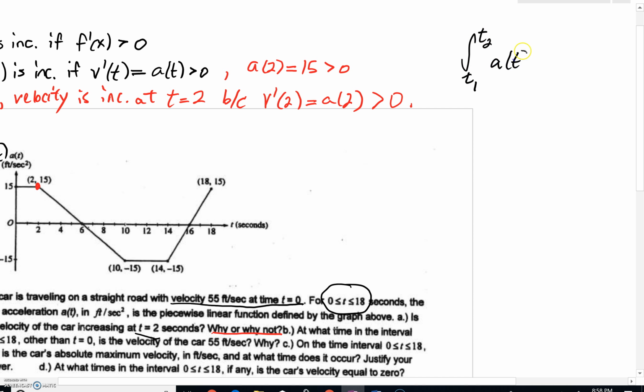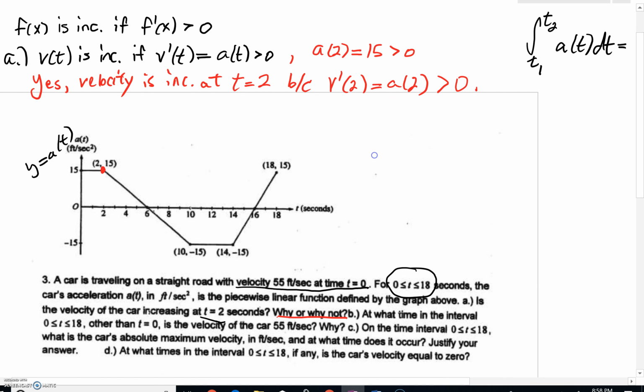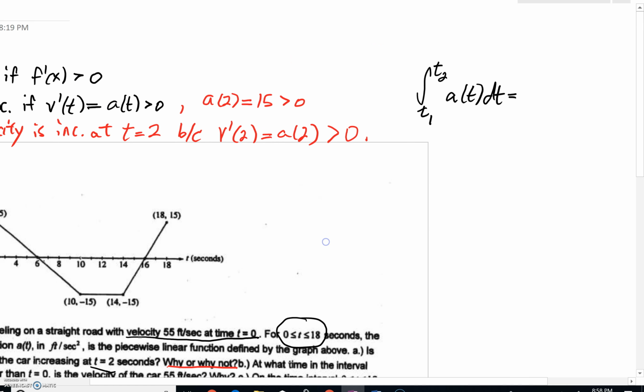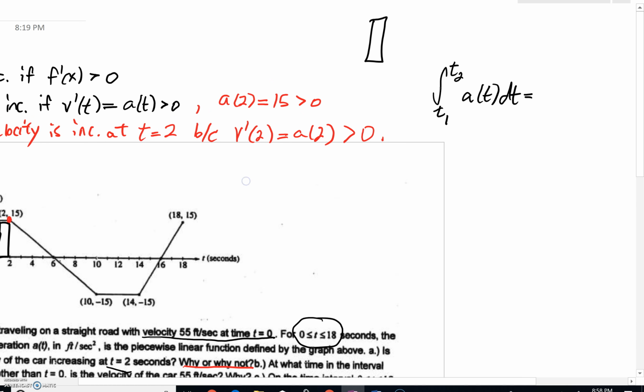And if I were to integrate the acceleration function, you could wonder, what in the world are we finding? Well, first off, integrals are net area. And we said before that even if you would envision that you had rectangles here, our y value is measured in feet per second squared.